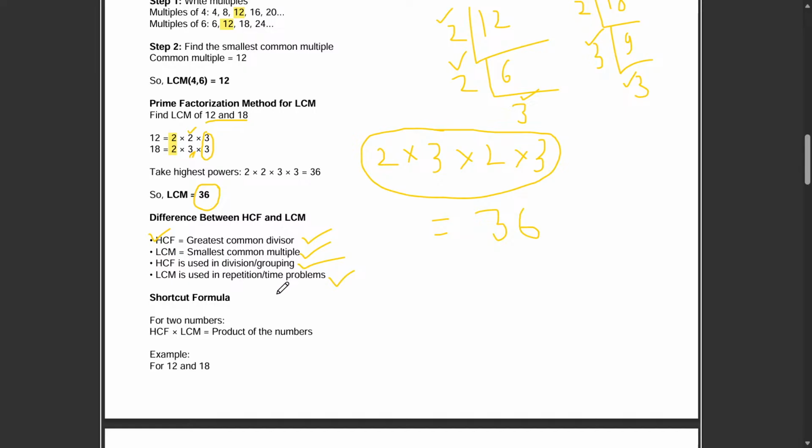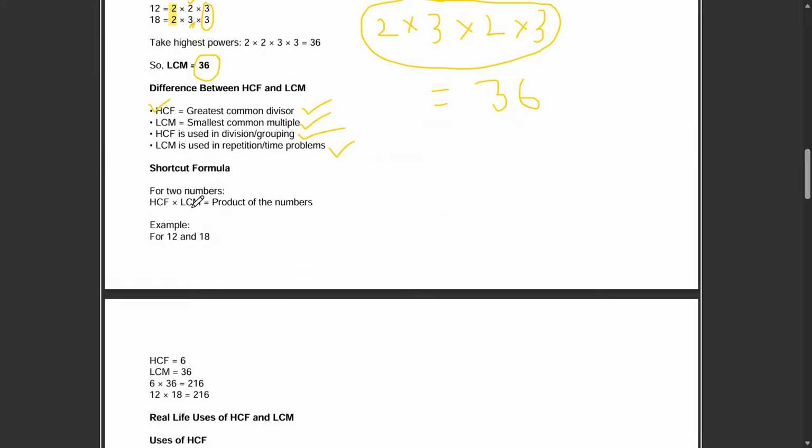Now some shortcut formulas, which are usually asked in competitive exams. For two numbers, HCF into LCM equals the product of the numbers.